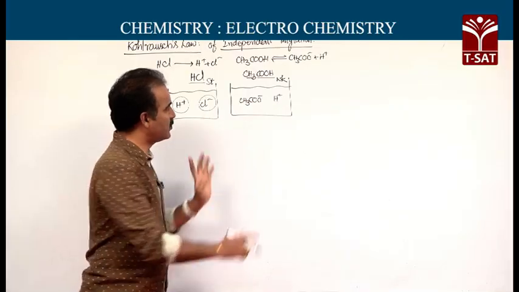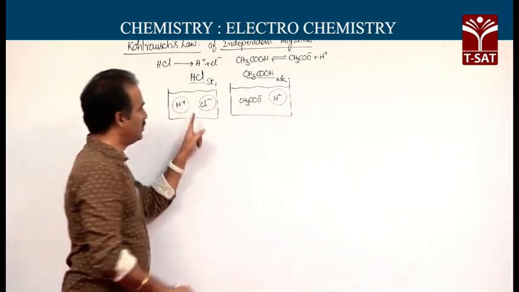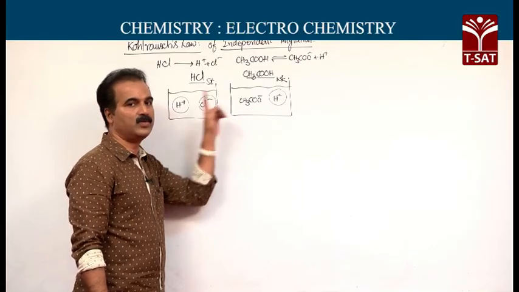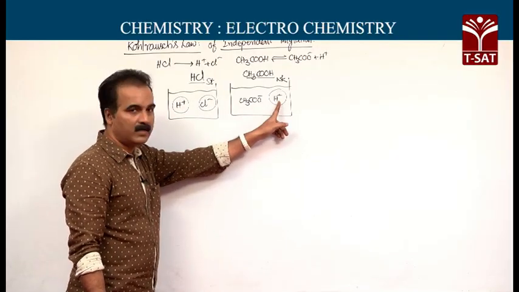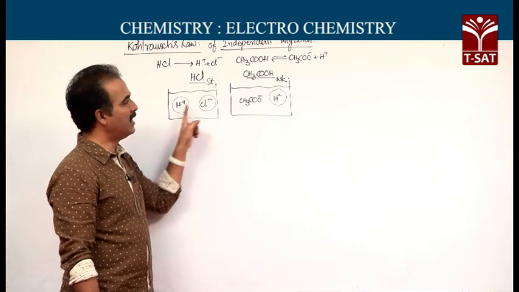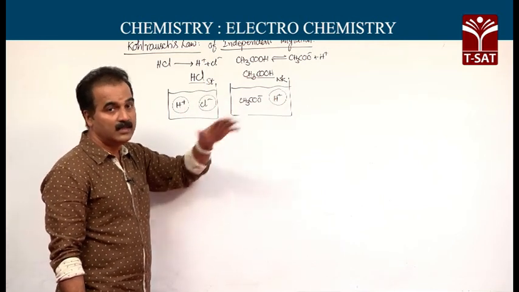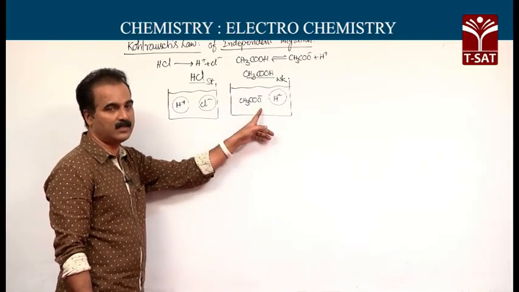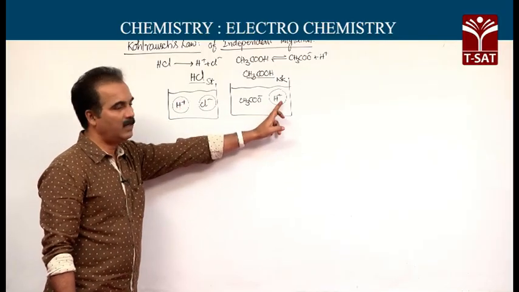It is the same H plus in solution, but here mobility is more, here mobility is less. So, here conductance is more, here conductance is less. Same H plus, but from different sources has different conductances. This is only at this stage of concentration, higher conductance, lesser conductance.